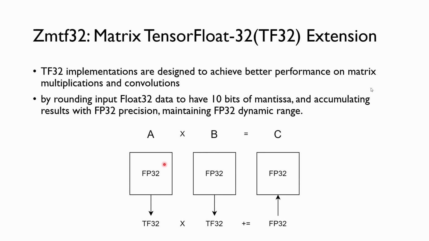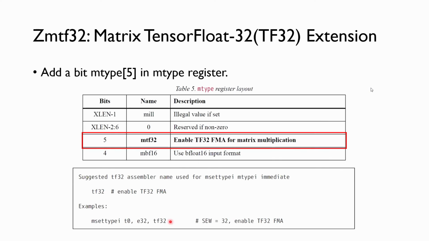The data are stored in registers in FP32 format and are only computed in TensorFloat 32. We add another bit, bit 5 in the M-type CSR, to enable the TensorFloat 32 extension.